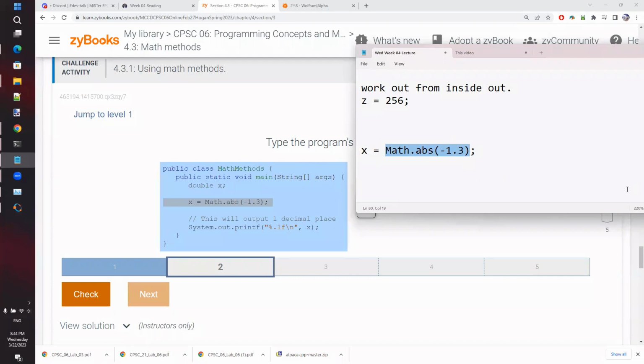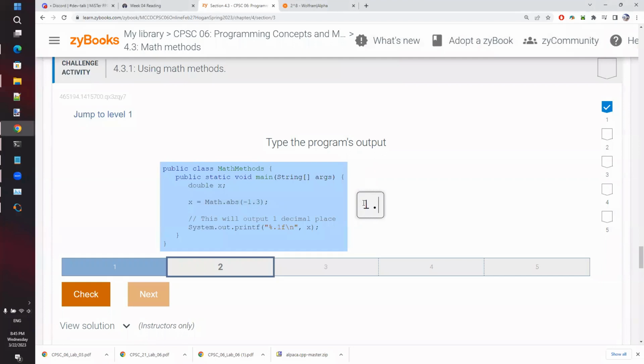So the absolute value of negative 1.3 is positive 1.3. So we have 1.3. We look at what we're printing and it says this will output 1 decimal place. So we're rounding this to 1 decimal place. Well, guess what? It already is. So 1.3, and again, there's a new line afterwards because of the backslash in there.